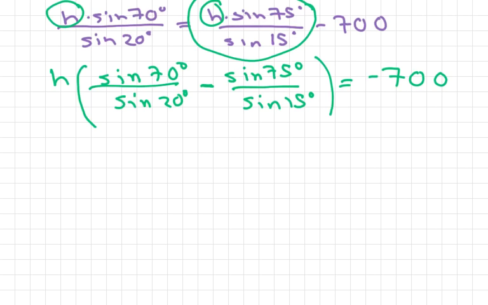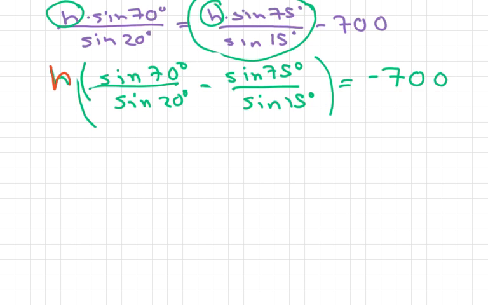Remember, the h was supposed to really go here when you subtracted, but I went ahead and did 2 steps and factored it out right here. So this is my h I factored out.